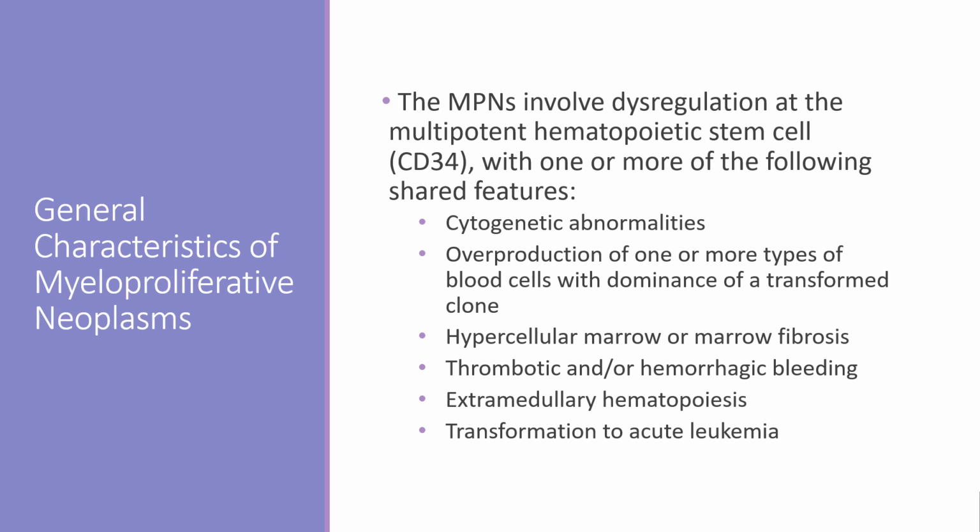And what we're going to typically see when that transformation happens is the patient will be pretty stable, and then all of a sudden they'll have this really acute aggressive form of leukemia associated with their initial myeloproliferative disorder.